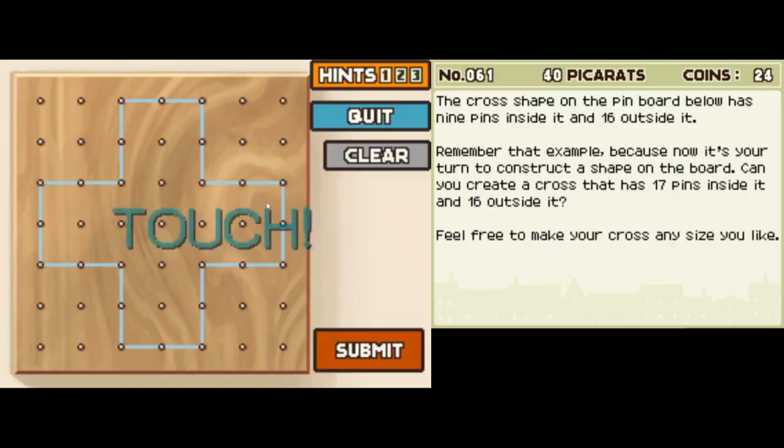Okay. Well, I don't see any pin. Okay, never mind then. Clear. Alright, so... I don't think this has a right answer or something, but let's see. Hmm.